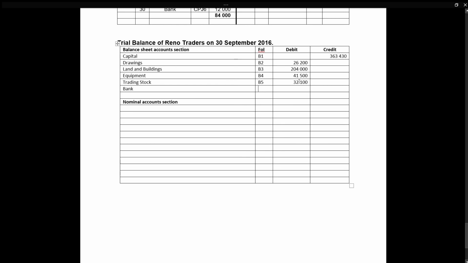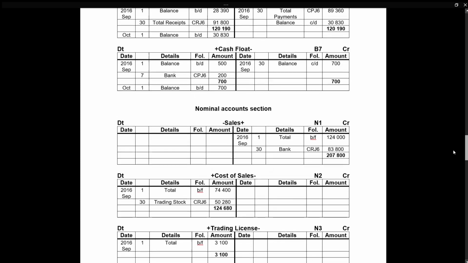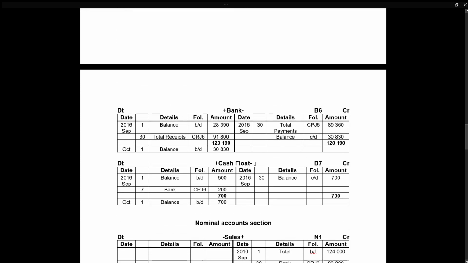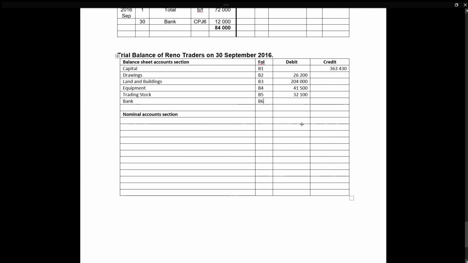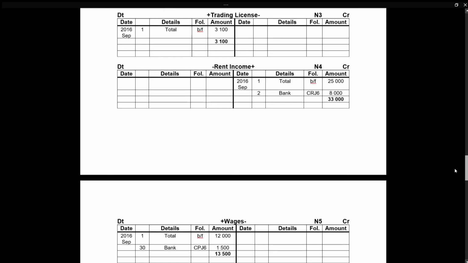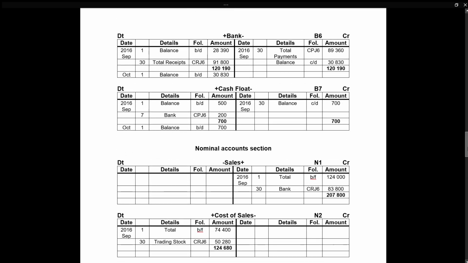Bank was B6. Let's go and find bank's balance of 30,830 Rand. Debit side. 30,830 Rand. Next one was cash float. Right, cash float was B7, and cash float's balance will be a debit side since it's an asset, 700 Rand.